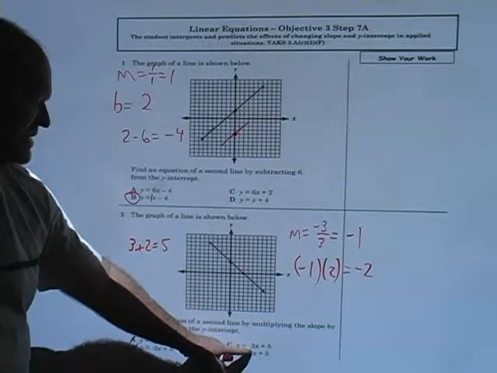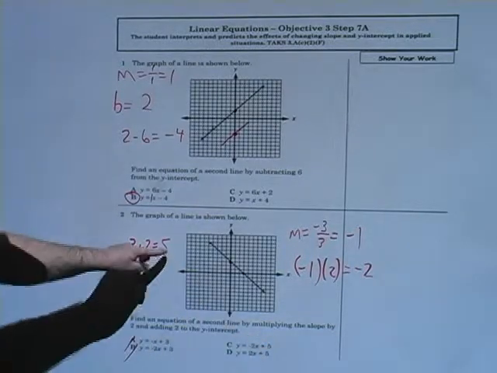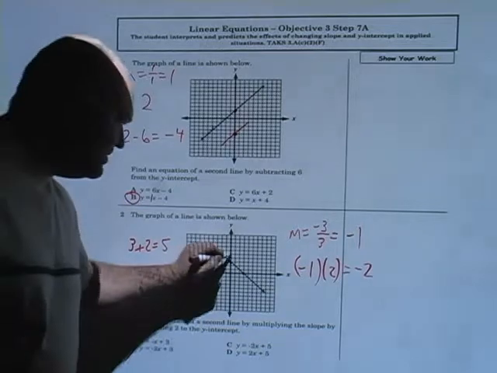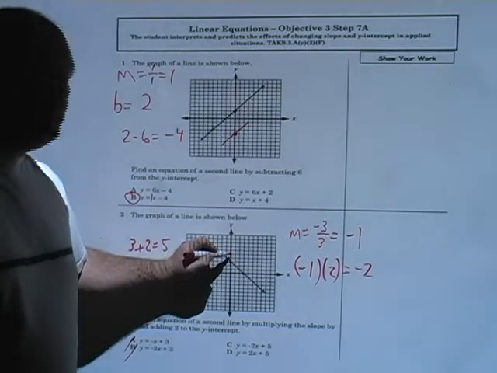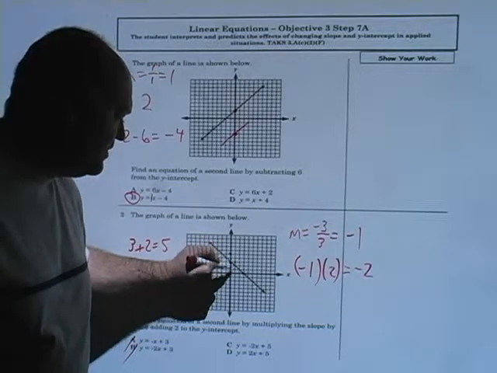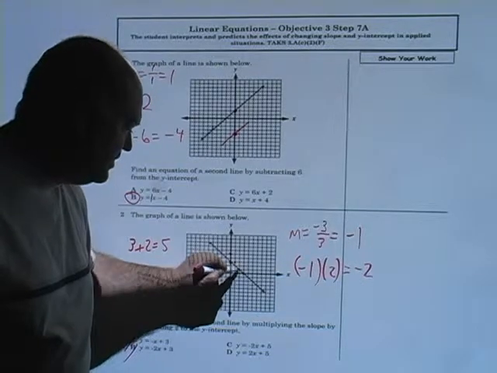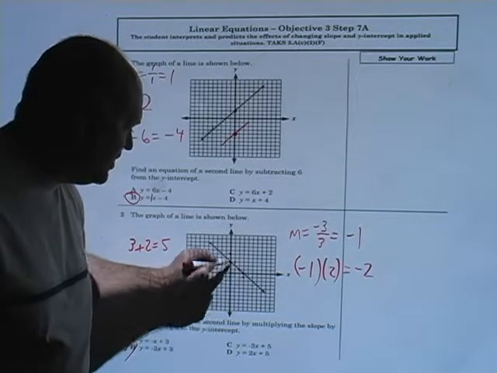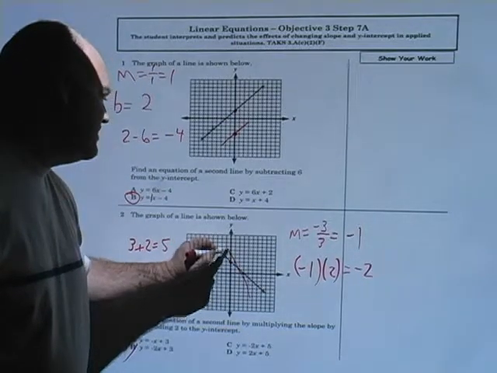Answer C has a slope of -2 and a y-intercept of 5. It's going to look like this. Slope of -2 means you go down 2 over 1, down 2 over 1, down 2 over 1. So it's going to look like that.